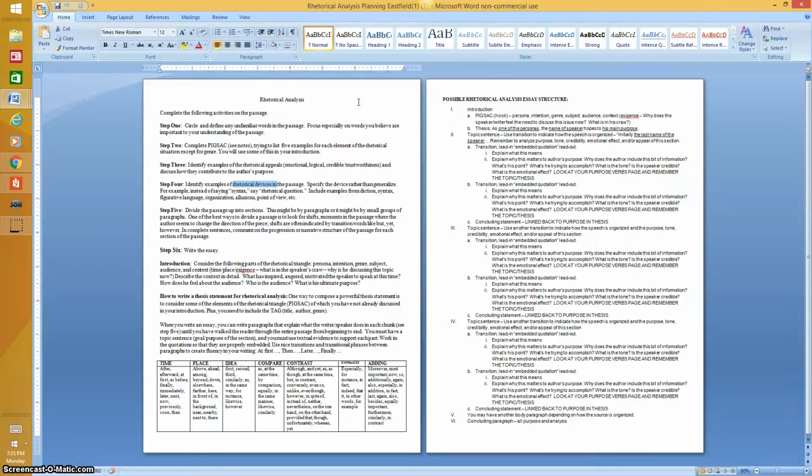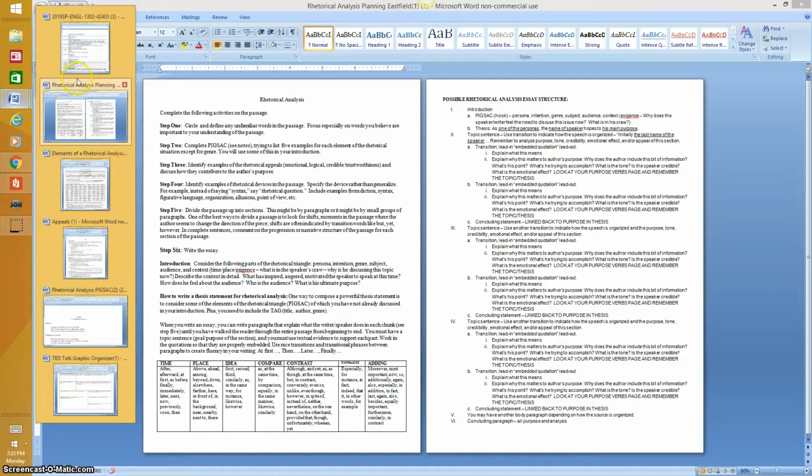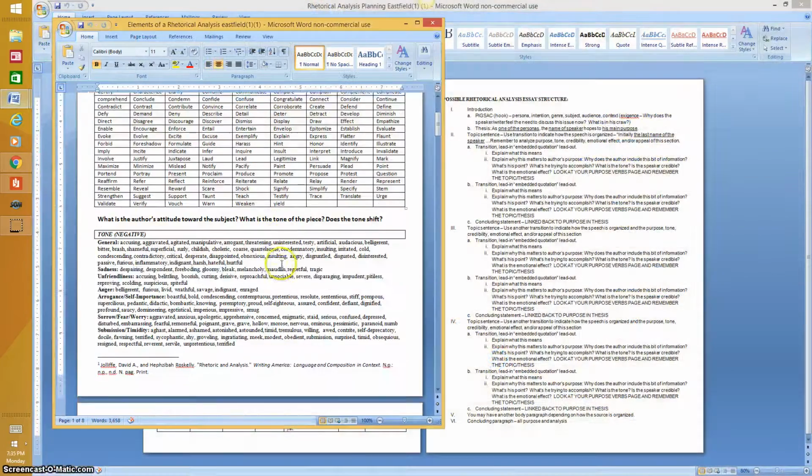The common devices are things like repetition. Does the speaker repeat himself or repeat certain phrases? That's a rhetorical device. Does he ask a lot of questions? Does he have parallel sentence structures, where the sentences match very nicely in the way they're organized and structured? All of those are rhetorical devices, and you can find a lot of them among the elements of rhetorical analysis.